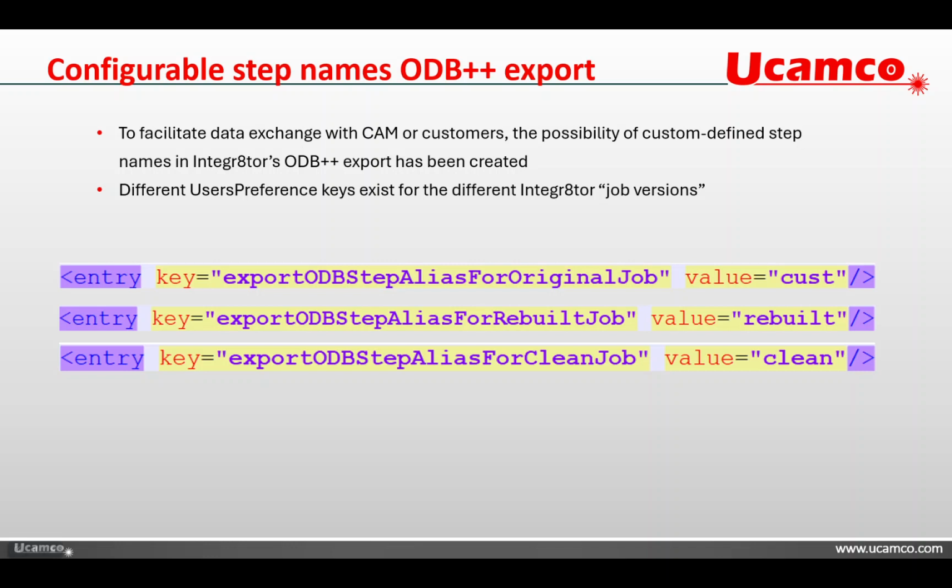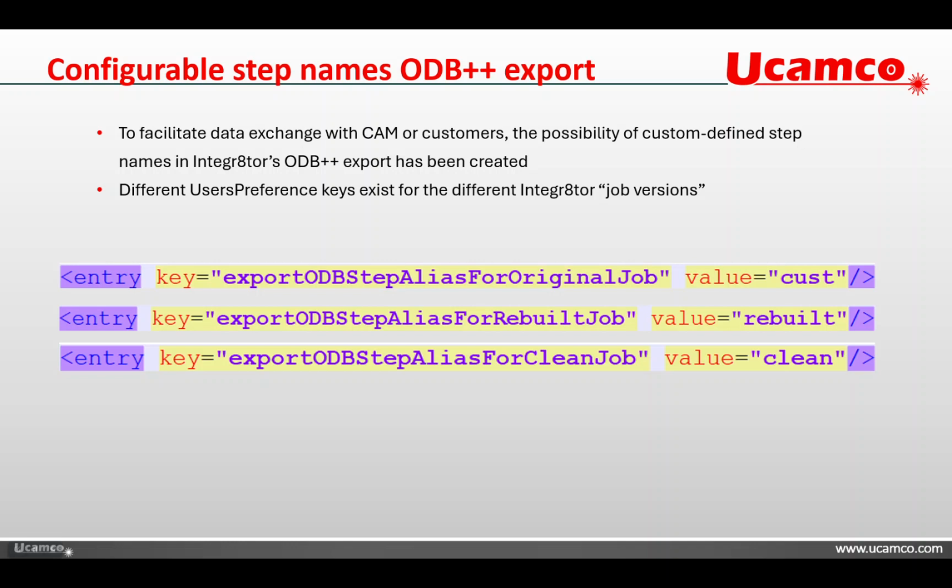And up until now, we basically had fixed names for these steps when we made output. But again, in order to facilitate communication, with CAM customers or between different offices of the same fabricator, it's sometimes helpful that these steps can be easily identified by their name.